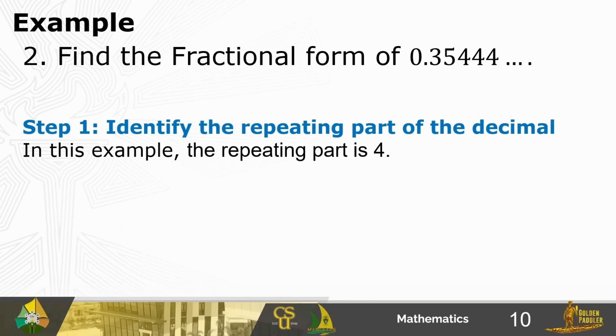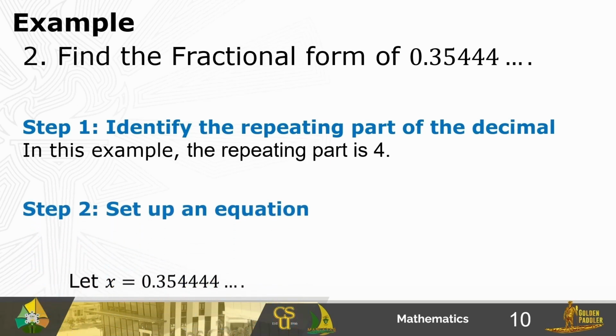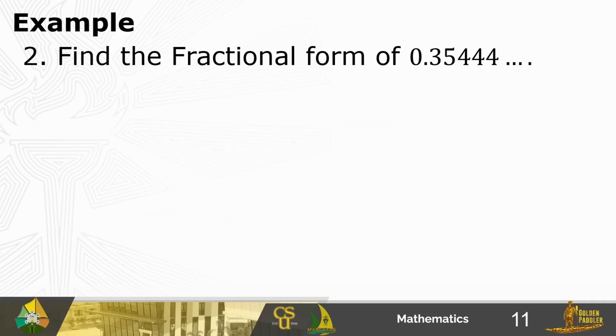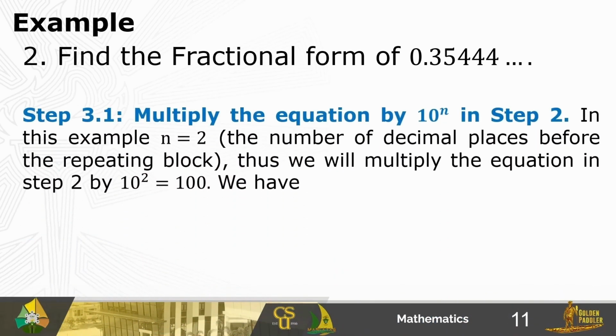Then in step number 2, we set up an equation: let x equal 0.354444... For step 3.1, we identify the number of decimal places before the repeating block. As you can see, our repeating block is 4. Therefore, our n is equal to 2, because before the repeating block we have 35, which is 2 decimal places.